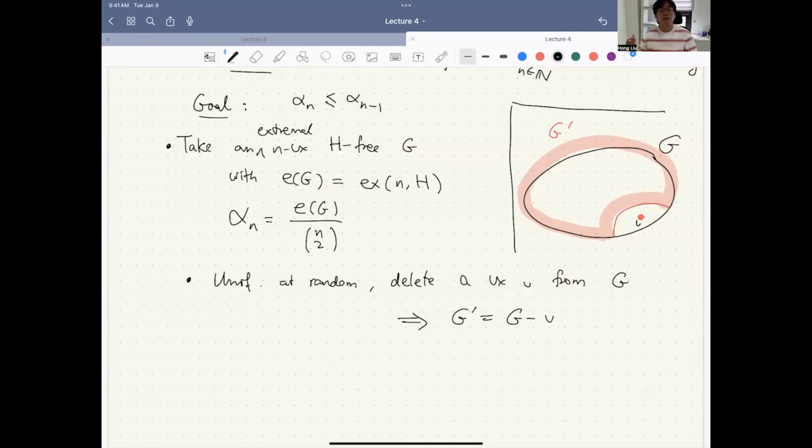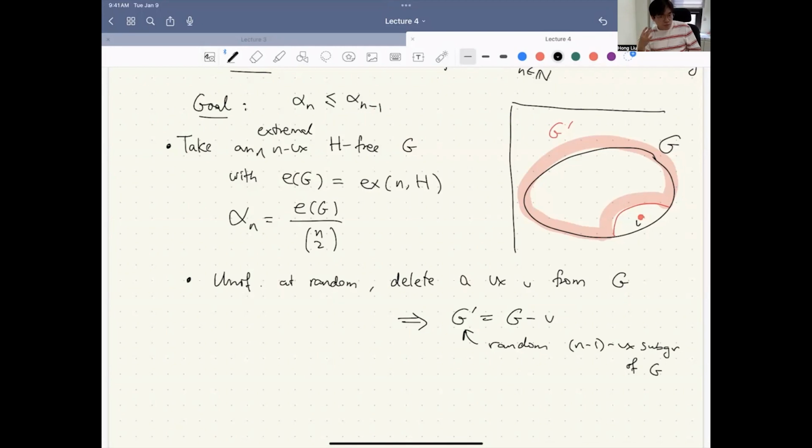G prime is a random graph, because V is a random vertex. So it induces a random n-1 vertex subgraph of G, and its number of edges is also a random variable.